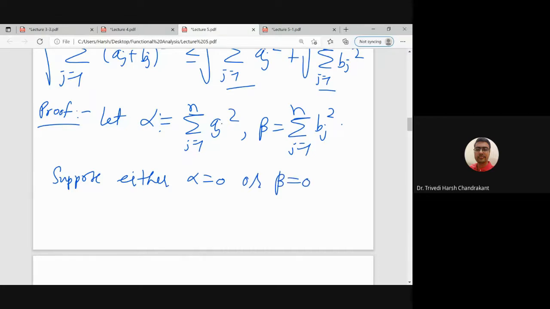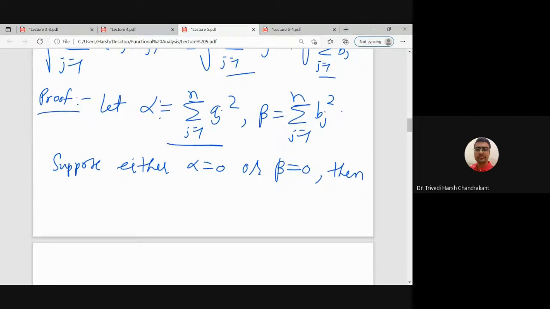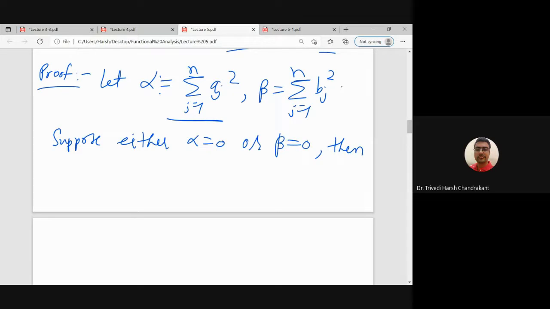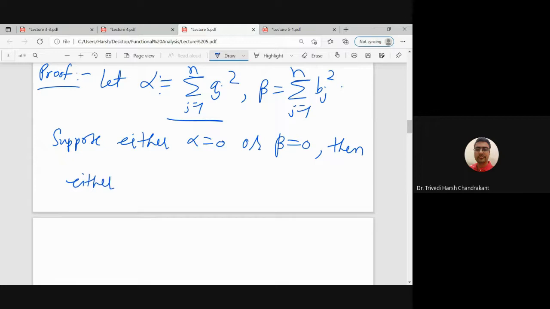So in this case, what do we get? If alpha is 0, alpha is a sum of perfect squares. If the summation of aj square is 0, then each aj is 0.